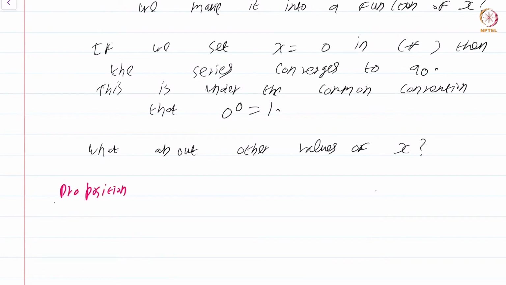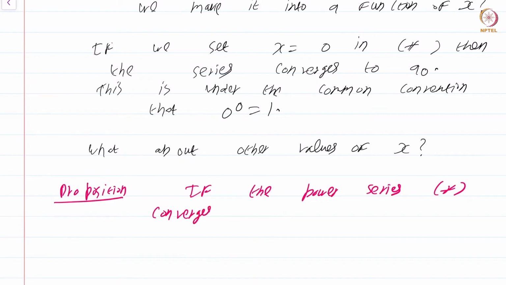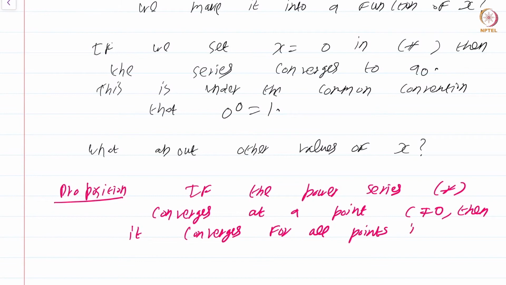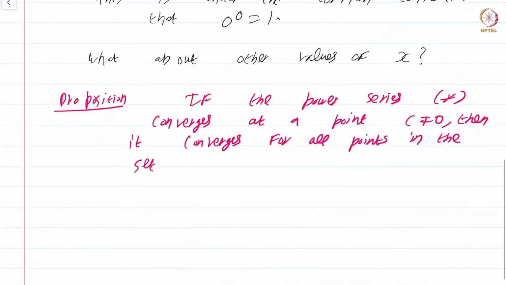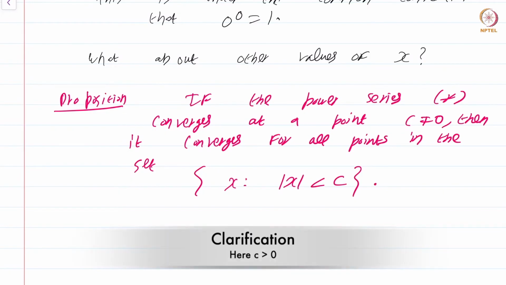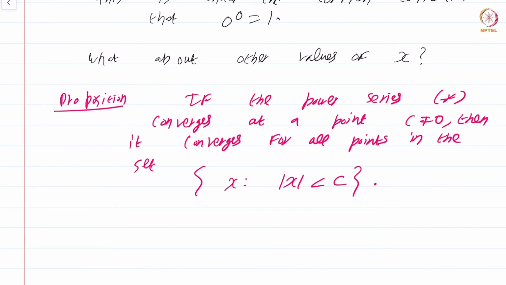If the power series star converges at a point C not equal to 0, then it converges for all points in the set of X such that mod X is strictly less than C. So if it happens that at a particular substitution X equal to C not equal to 0, the series does converge, then it converges for all the points X on the real line whose absolute value is less than C. Let's see a proof of this.